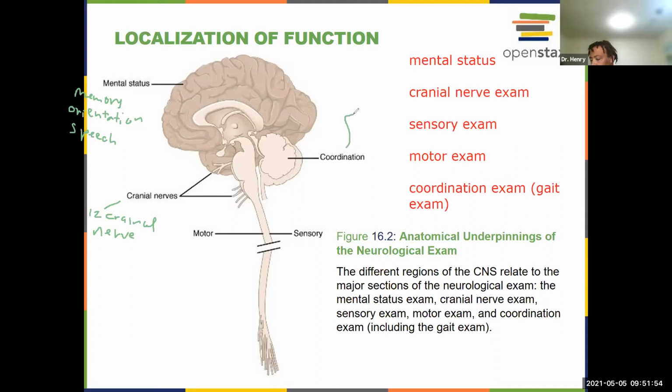So coordination is going to be seeing if you can perform complex movements. So it's basically your movement. If you could walk, you could flex your coordination.